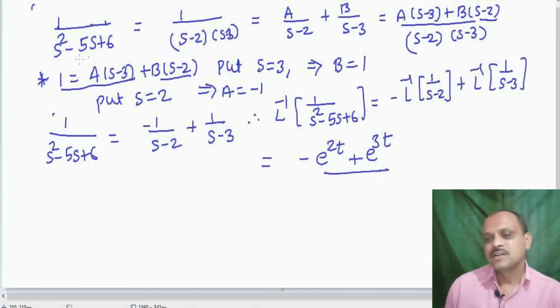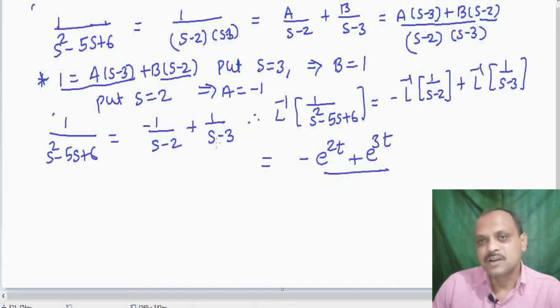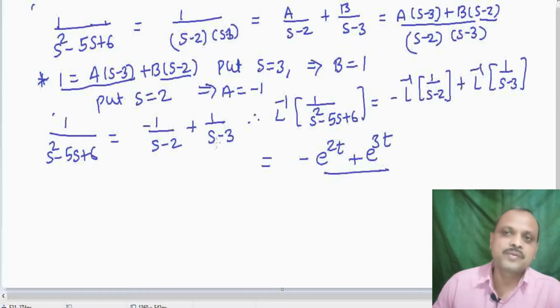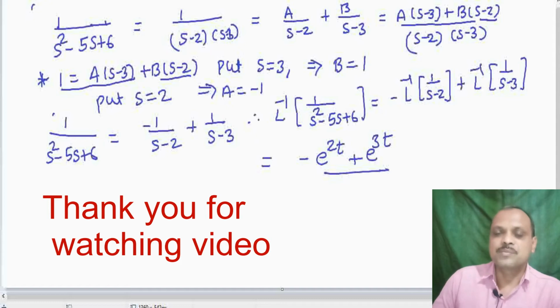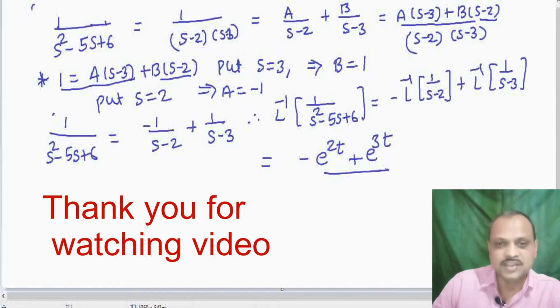So here you can see how we can apply the partial fraction method to find the Laplace inverse transforms, and a complicated function is converted into a simple form, and by using partial fractions we can find the L inverse of this function.